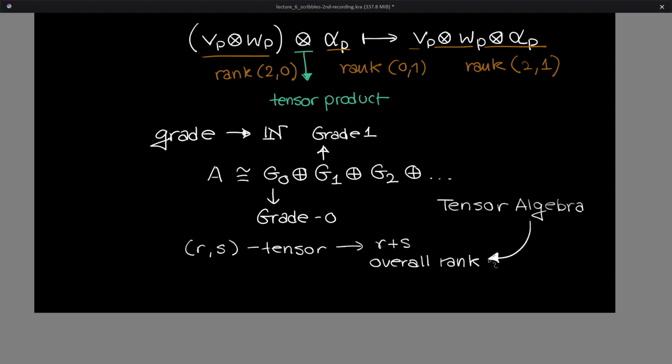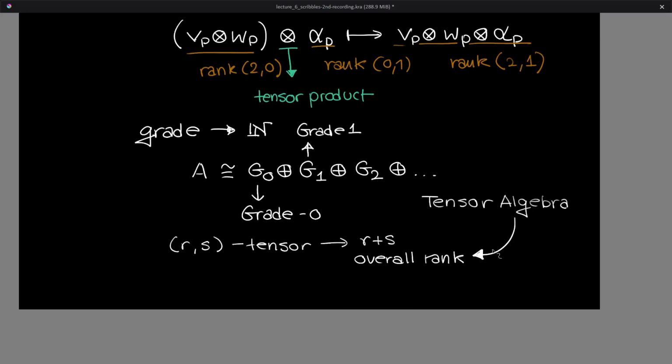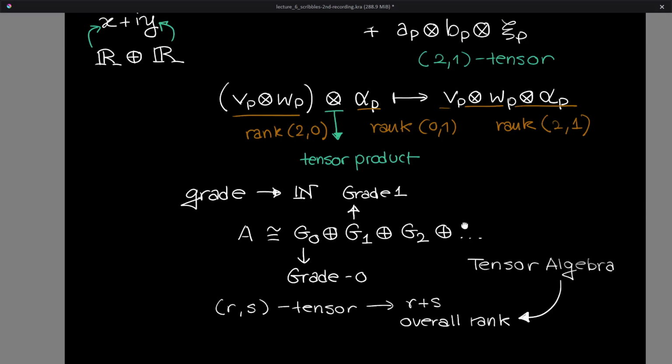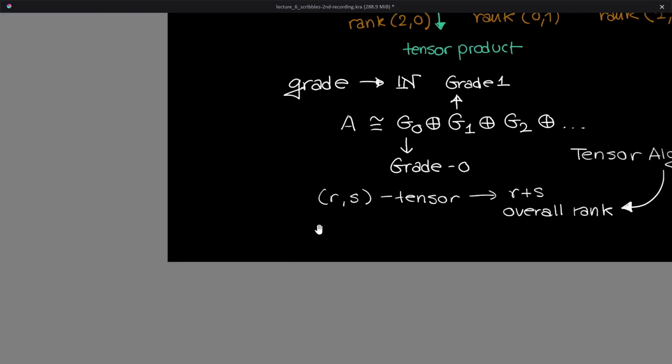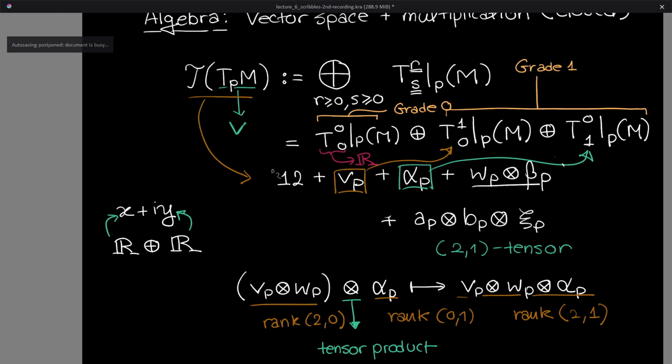But in general, in a graded algebra, you're not always going to have tensors. But with these, there are mixed grade elements. This element that we wrote over here is a mixed grade element.